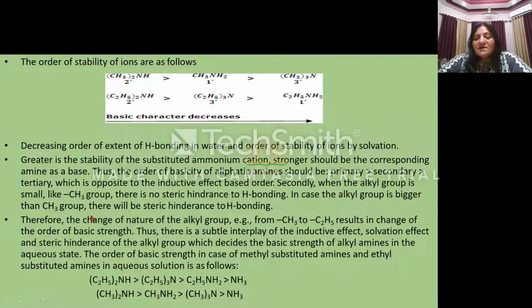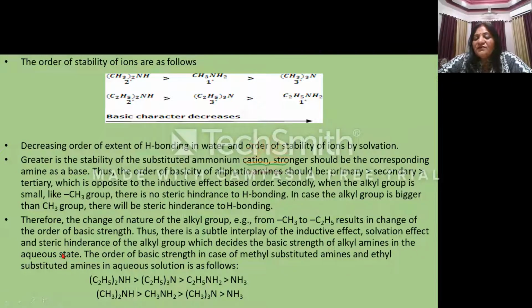Thus, there is a subtle interplay of the inductive effect. Here, all three effects play a role: inductive effect, solvation effect, and steric hindrance of the alkyl group, which decide the basic strength of the alkyl amines in the aqueous state.